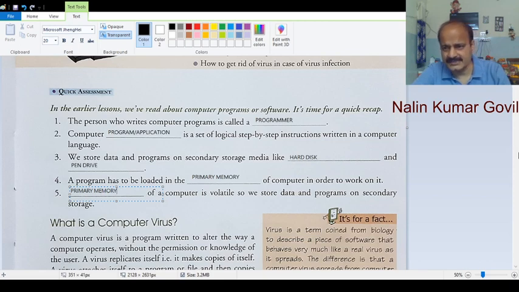Now the question is, what is a computer virus? So I think everybody is aware of the computer virus.